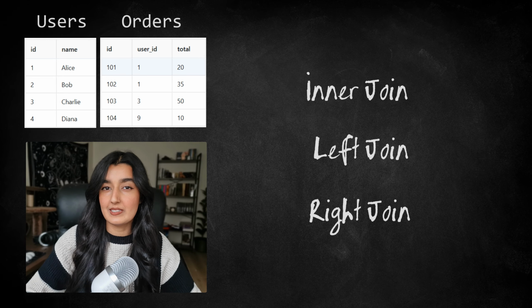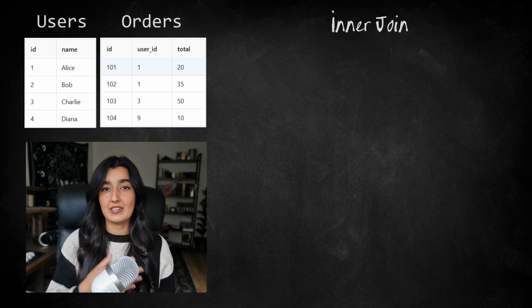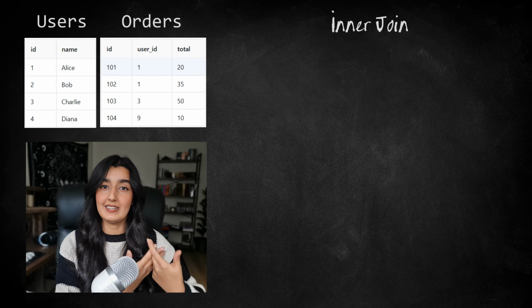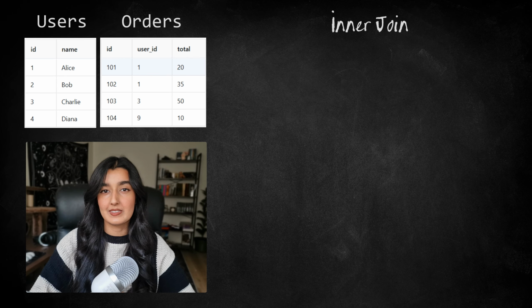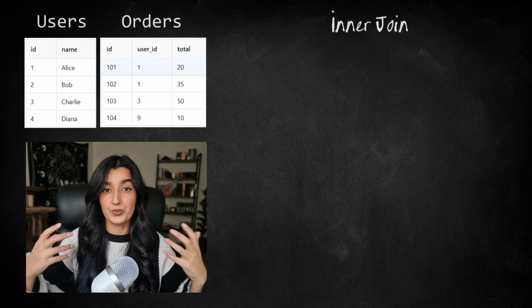So let's join these tables together, starting with an inner join. But where are we going to join these two tables together? Well, the orders table actually has a user ID column, and we want to correspond that to the matching ID on the users table. Now let's begin to write our query. We want to just select the user's name and the order amount.